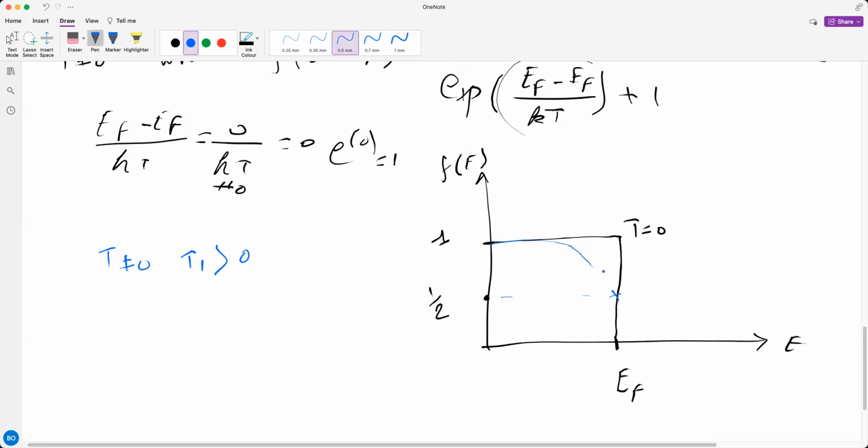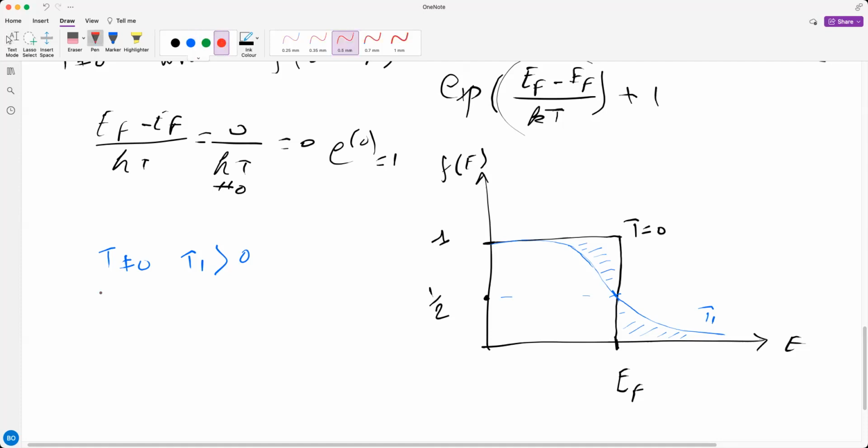So this is T1. You can see here some of the energy levels are empty, and this is because some of the energy levels above the Fermi level are being occupied by those electrons that could get enough kinetic energy to move to the upper level.